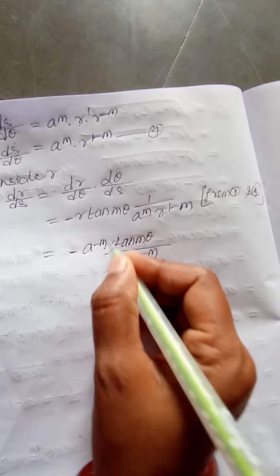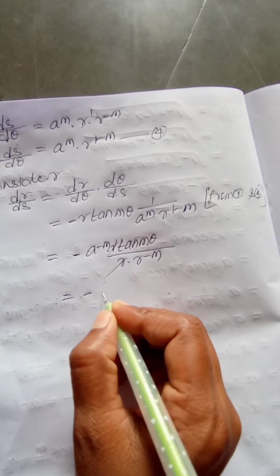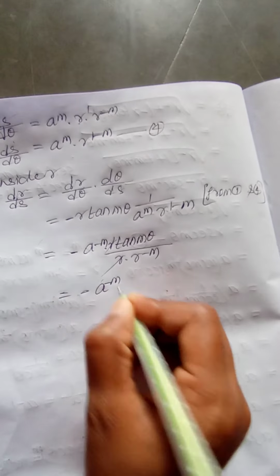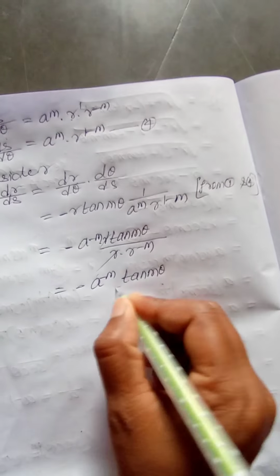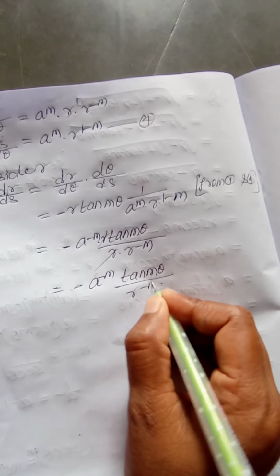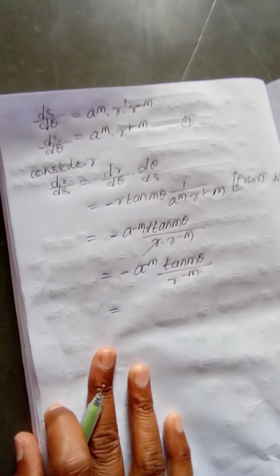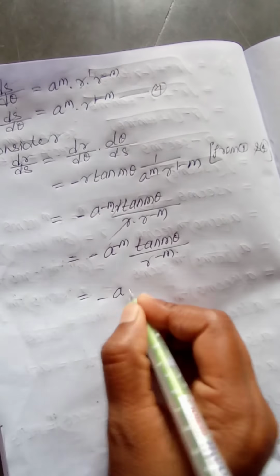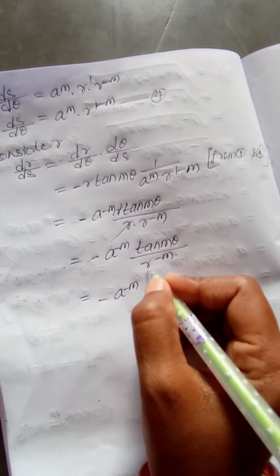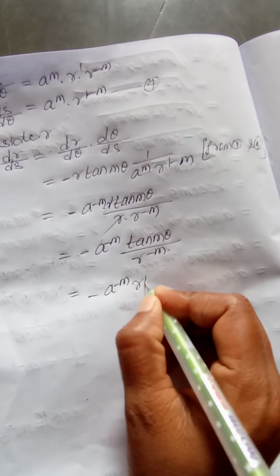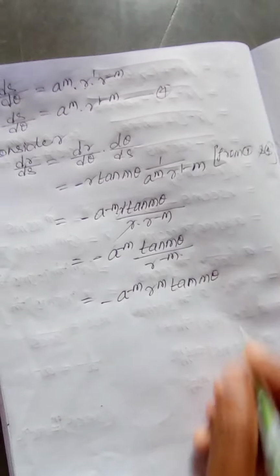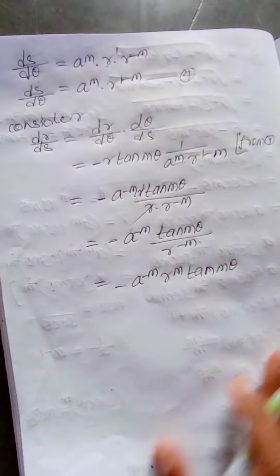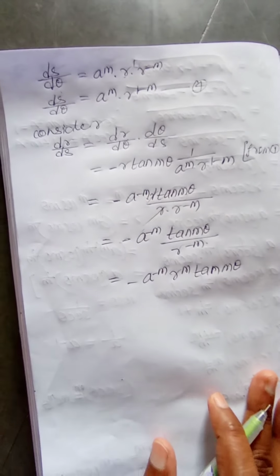Okay, r gets cancelled, so we get minus a to the power of minus m tan m theta by r to the power of minus m. Okay, so minus a to the power of minus m, and the reciprocal of r to the power of minus m is r to the power of m tan m theta. So we get the dr by ds value.